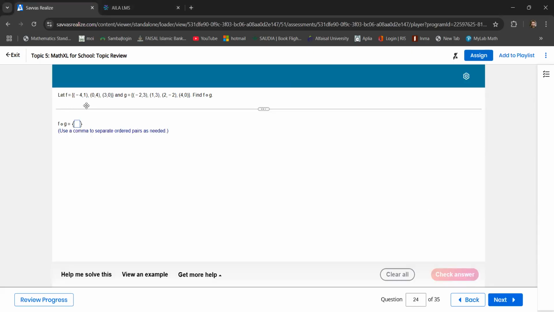Let f equal (-4, 1), (0, 4), (3, 0), and g equal (-2, 3), (1, 3), (2, -2), and (4, 0). Find f composition g. If we go back to what we have learned about f composition of g as a function of x, according to the definition, f of g of x means g of x should work first.